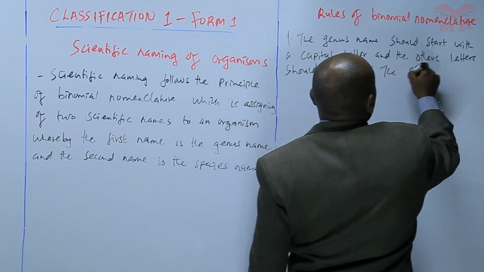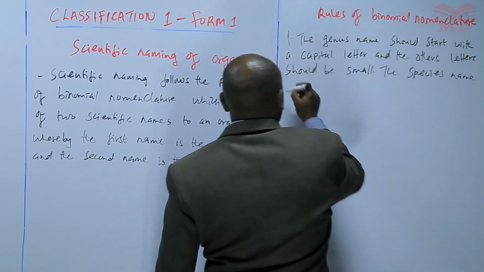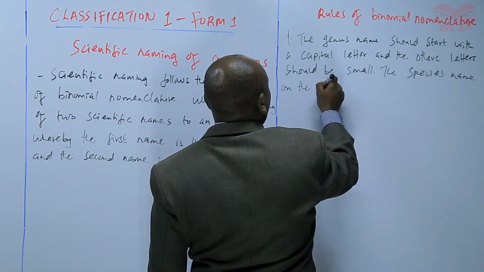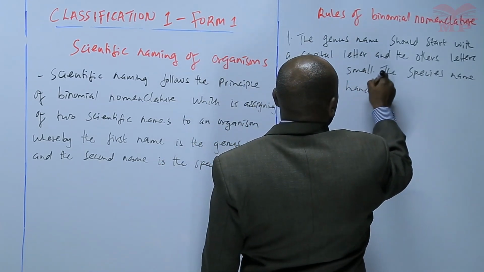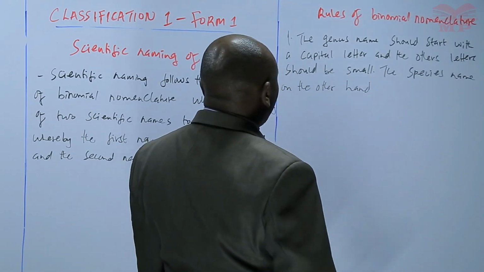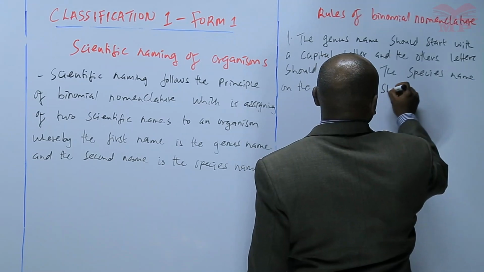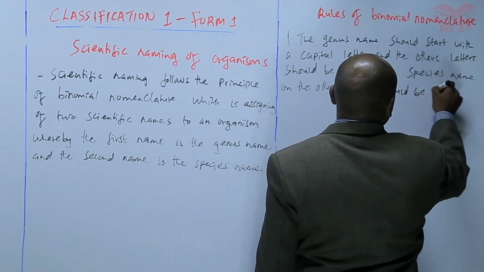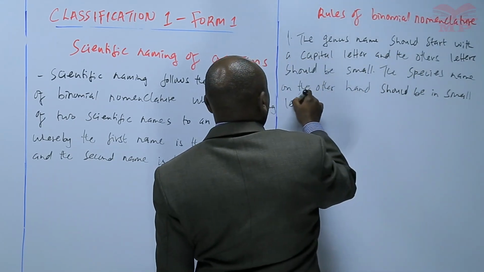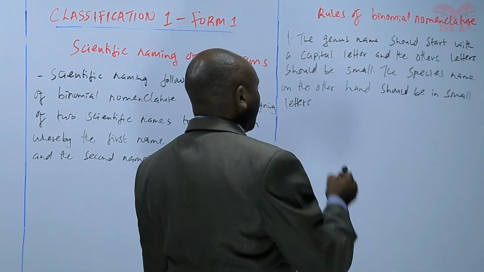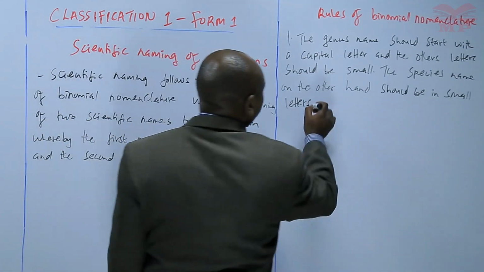The species name, on the other hand, should be in small letters. So that is the first rule.